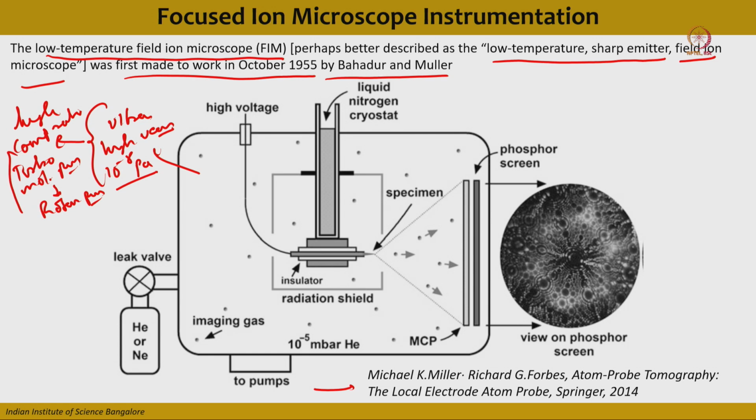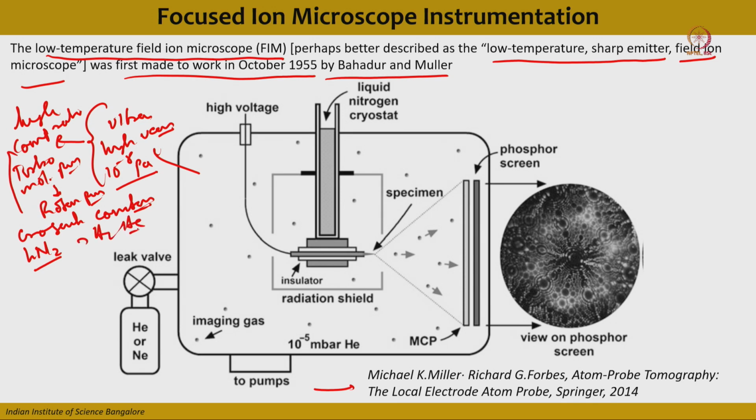As I told you, for high resolution, the most important part is that the specimen temperature should be at cryogenic condition. In previous FIMs, the specimens were cooled down using liquid nitrogen, hydrogen or helium.